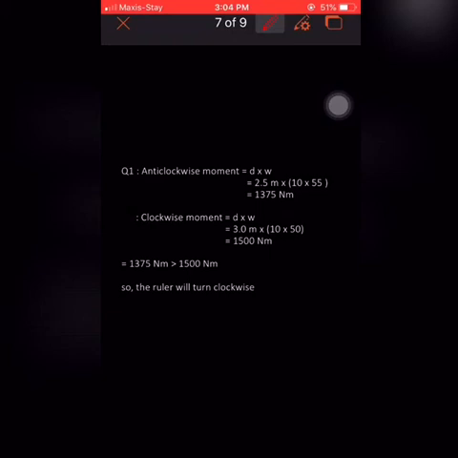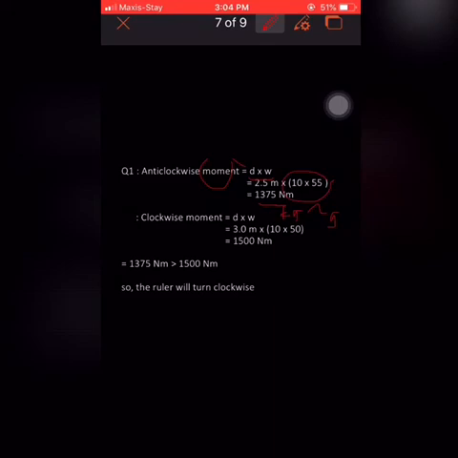So we have to calculate the moment of the anti-clockwise side first. The formula is distance times weight, as we know. So 2.5 meter times weight, 10 times 55. Why 10 times 55? Because we have to change kilogram into Newton. So it will become 1,375 Newton meter.